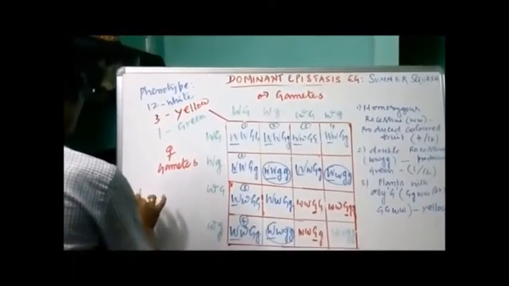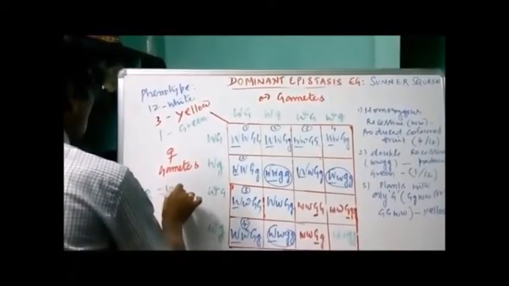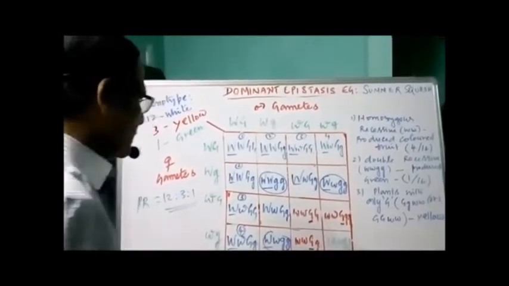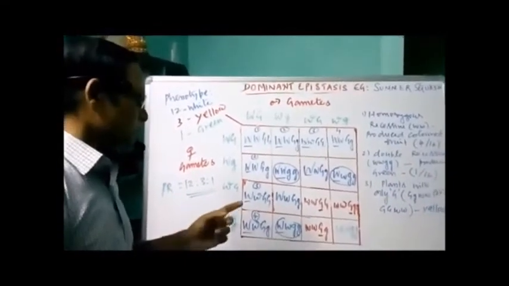So we are getting the phenotypic ratio of 12 white, 3 yellow and 1 green. So it is a modified ratio of Mendel's 9:3:3:1.